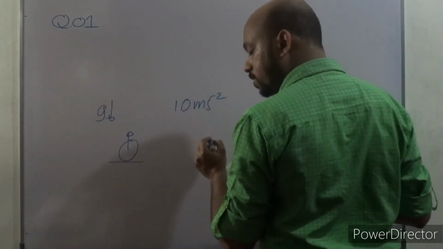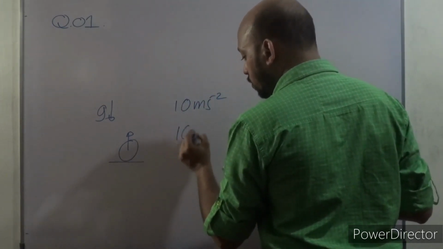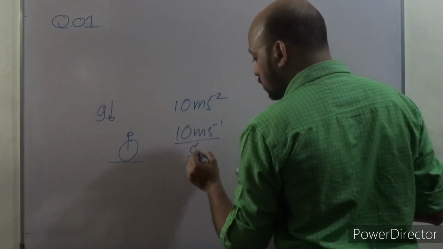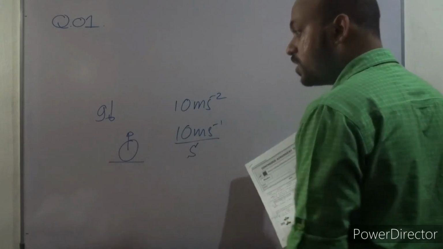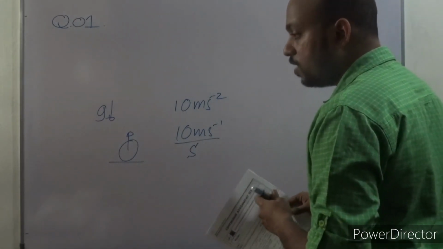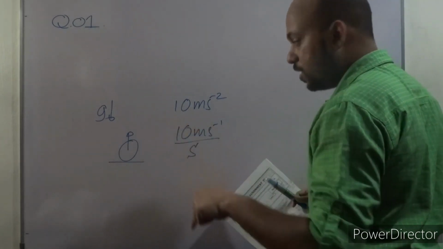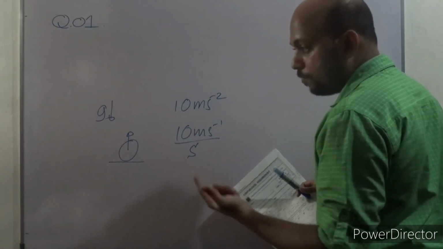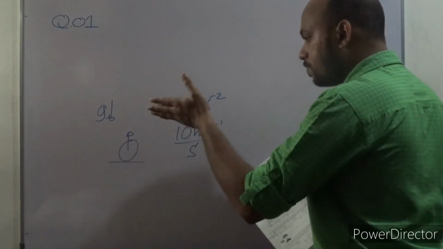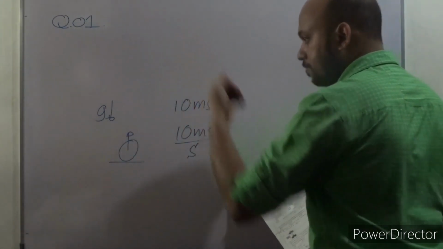The meaning of this 10 meters per square second is the change in velocity in 1 second. The value is 10, so every single second it changes velocity by 10 meters per second. When we project upward, in every second it decreases by 10.